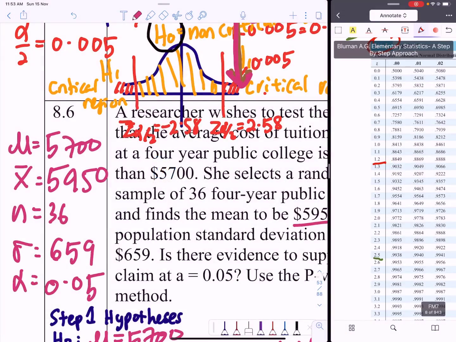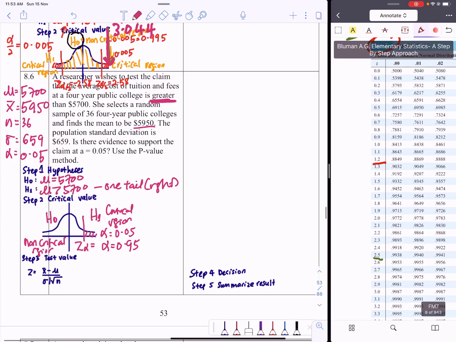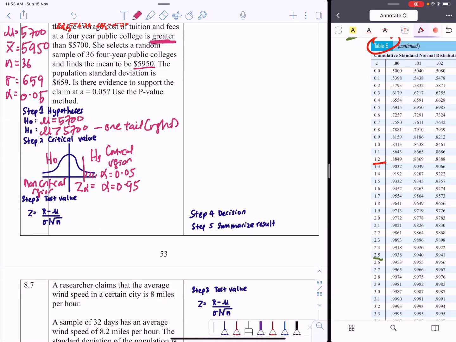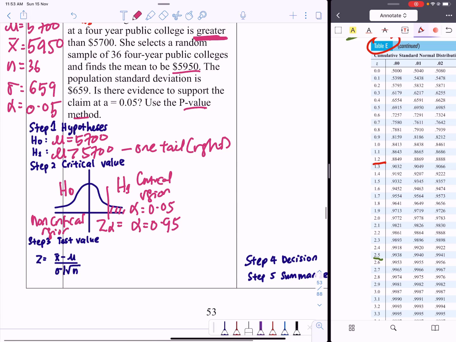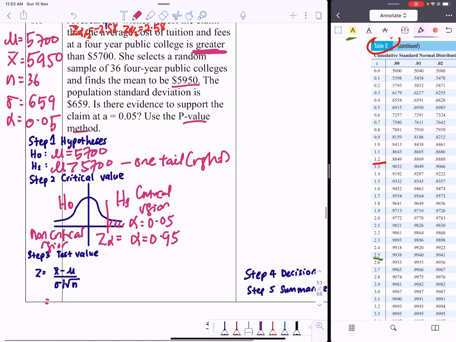We go directly to the test value, because I want to show you the p-value method. I also rarely use the p-value method.